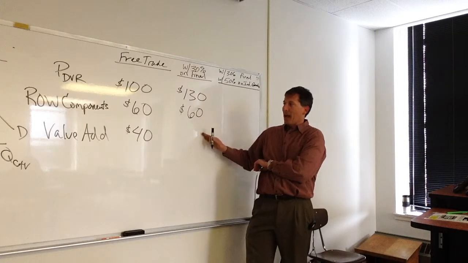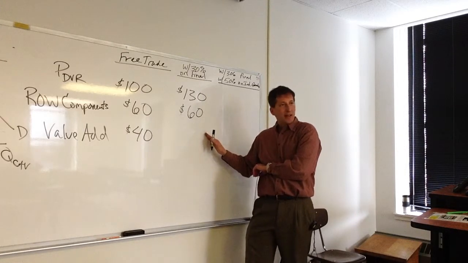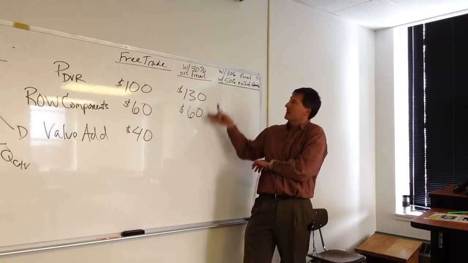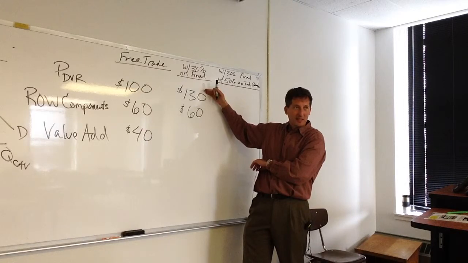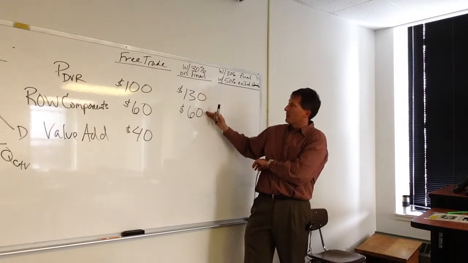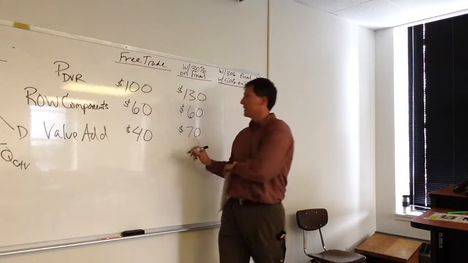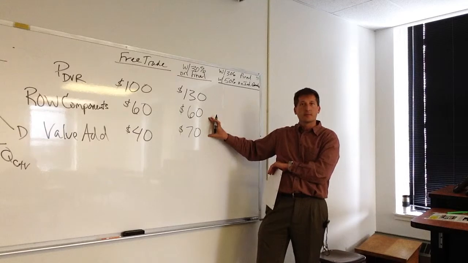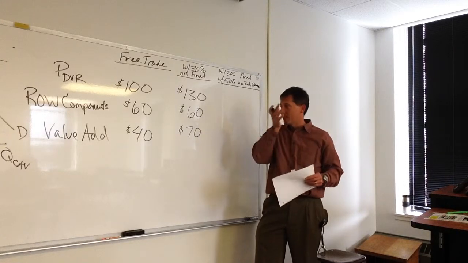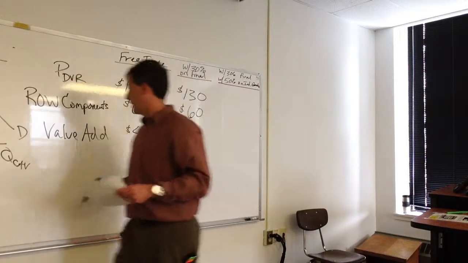So the value add has to be the difference. So it's the American value add. Now that's a soft number, of course, because we've got the government in line here driving up the price domestically. So the value added now for American companies is the difference. So they have $70 worth of value.